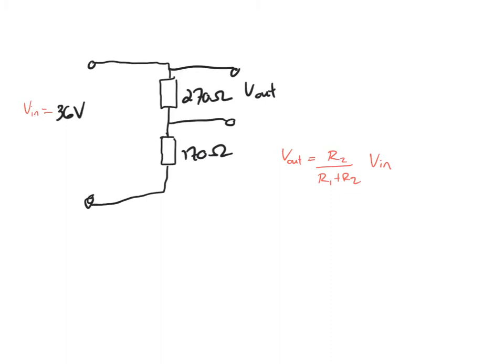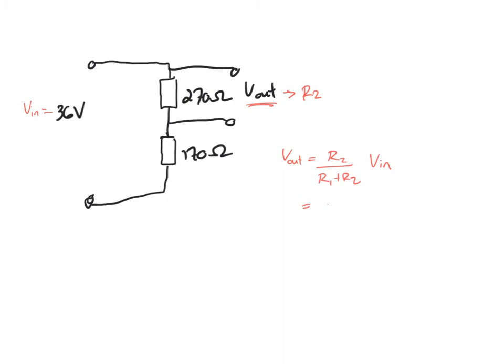This is the part where people get confused with what's R2, what's R1. Well, the V out is always linked to R2, the resistor that gives the output potential difference that we need to get. So now it gets very simple.